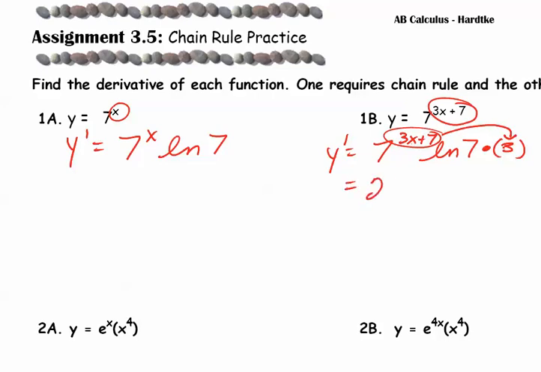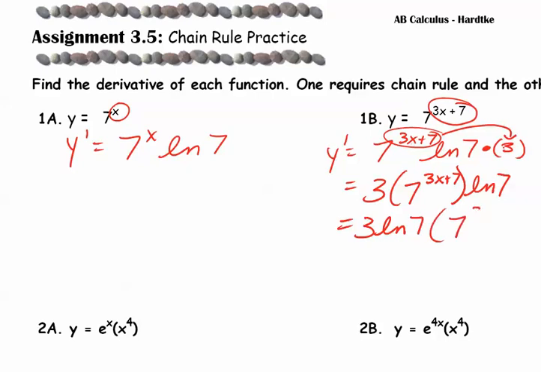So then, of course, we could bring that 3 out in front of the entire thing, but there's not much we can simplify here. Ln of 7, of course, is just another constant, so maybe you might write that in front, with the constant in front of the term with the variable.